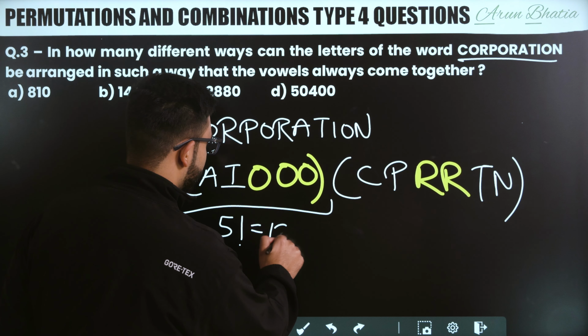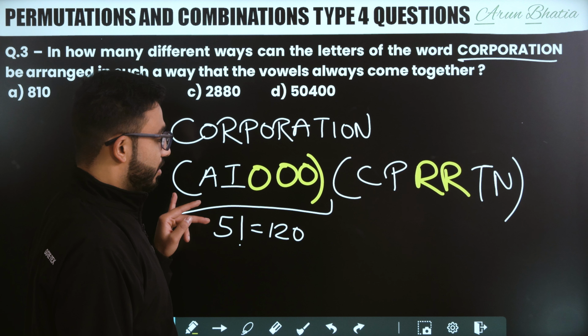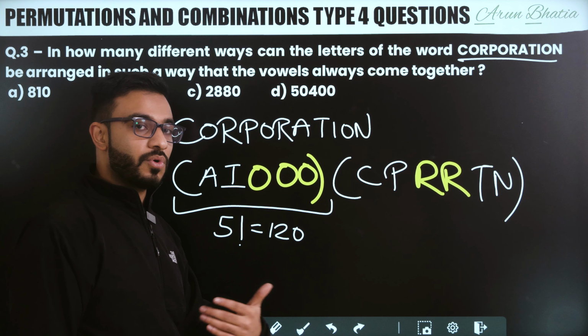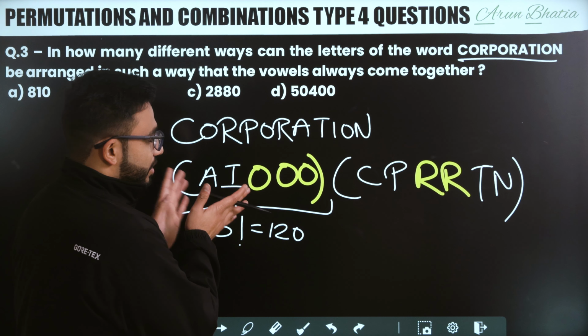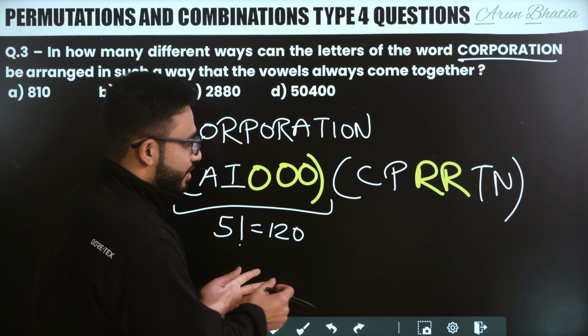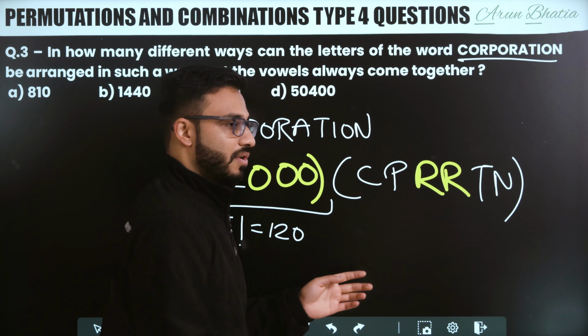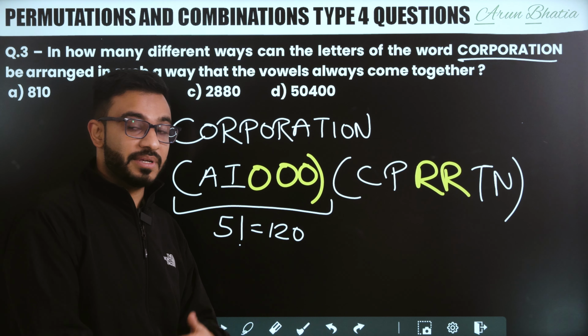So this in itself is 120. There are 5 vowels if we count O 3 times instead of 1. So the vowel block is 120, meaning for each time I hold the consonant letters constant, there are 120 ways the vowels can be arranged.